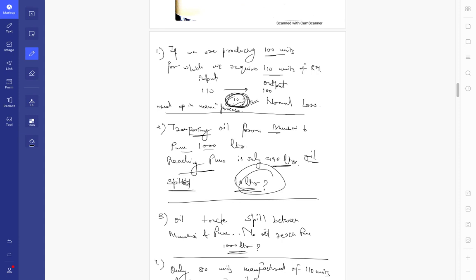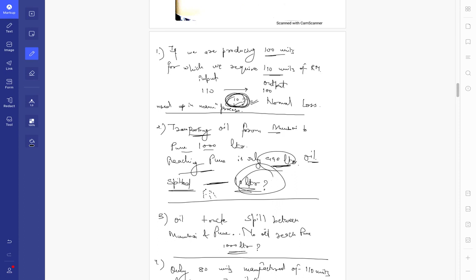Many a times what happens is the truck or the containers which are carrying it often have small holes in them, due to which the oil starts dripping, and only 990 liters of oil is able to reach Pune.